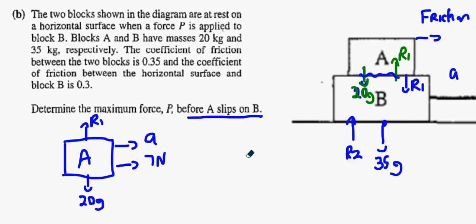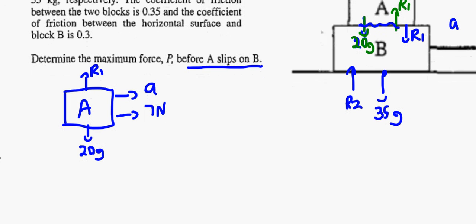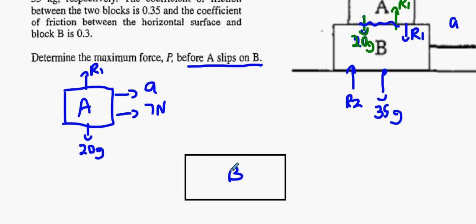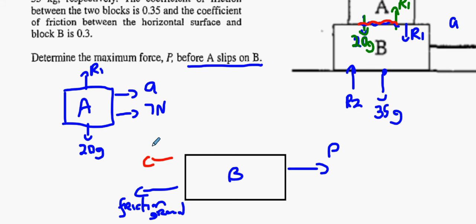Now the deal is with B. B is the more complicated one. B is being pulled across with a force P, and it's obviously getting restricted by its friction with the ground. So this is friction due to the ground. But believe it or not, because it's holding A in place, there's also a frictional force caused by A, which is the 7 newtons, and that's going to be in the opposite direction because it's slowing B down.